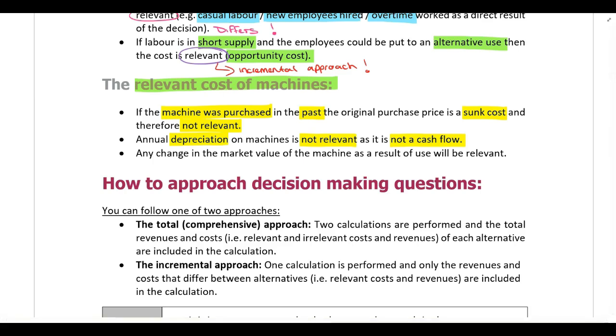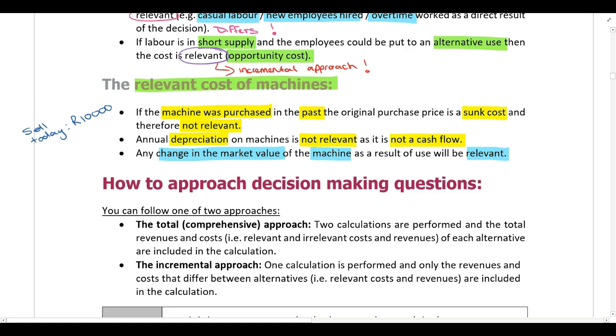However, if we have a change in the market value of the machine, that is going to be relevant. So what do I mean by that? Let's say that the machine is reaching the end of its useful life and the company knows they can sell it today for 10,000 Rand.